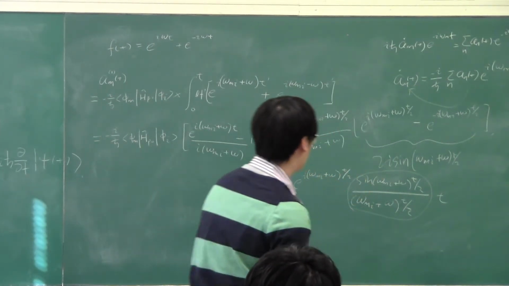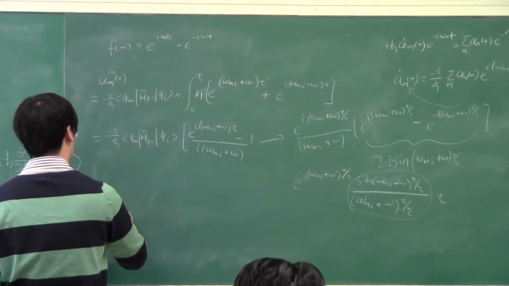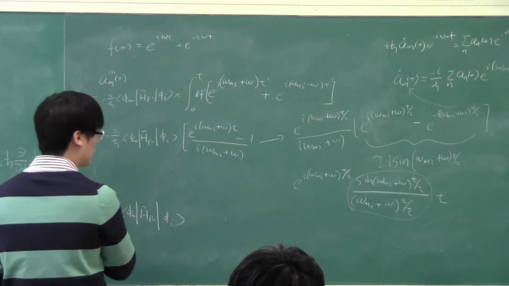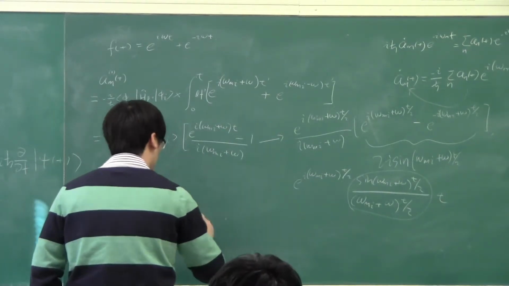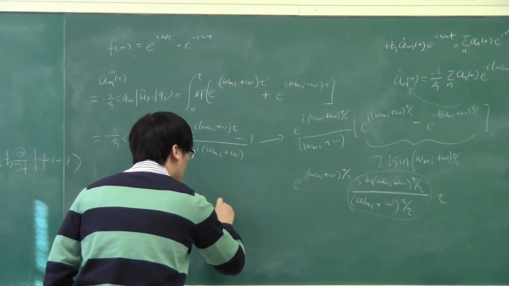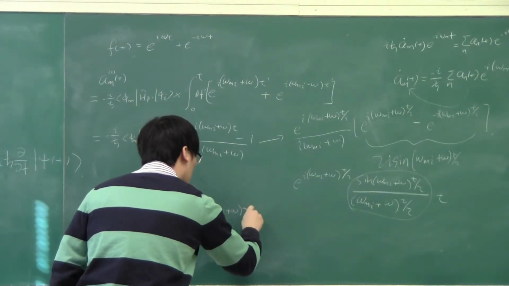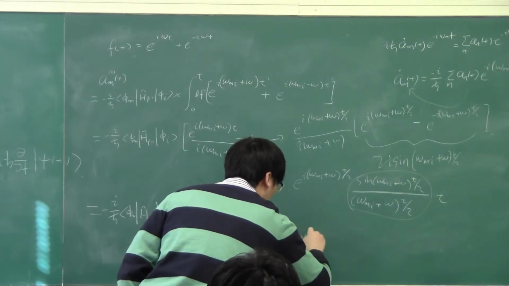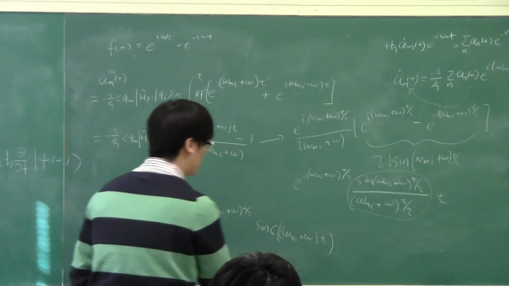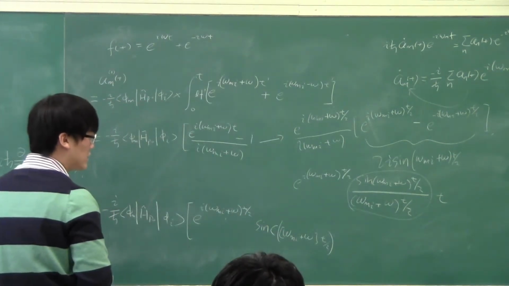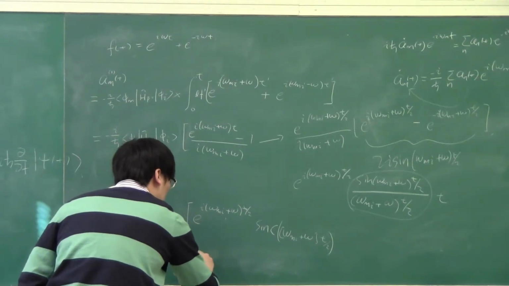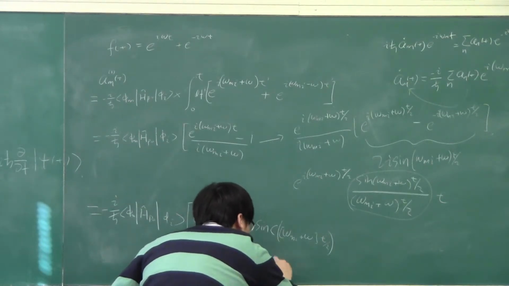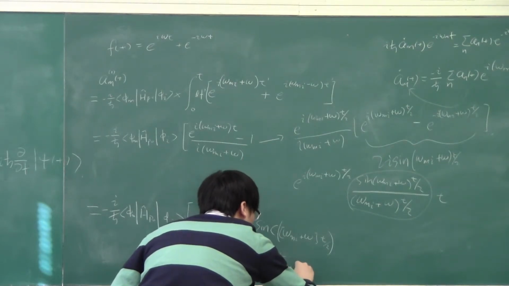I'm not going to do the same procedure. So this turns into, that's the first one, and then the second one is e to the minus i omega t over 2, and then you have a sinc function of omega_mi minus omega.